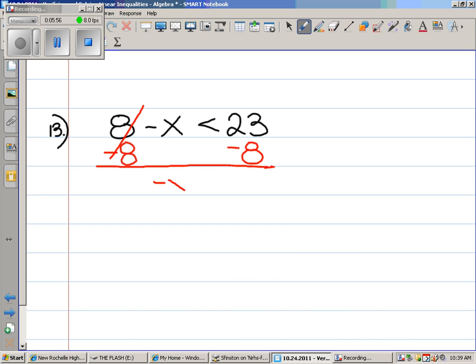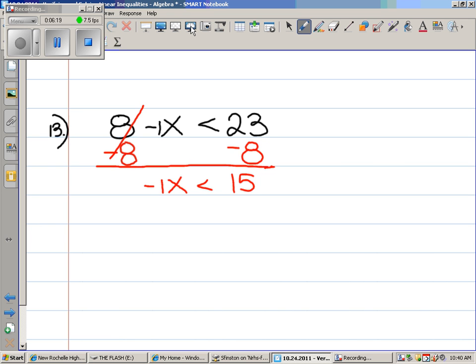So now we got negative x is less than 15. And that negative x is the same thing as negative 1x, because there's a 1 in front always. Now, there's a special rule with these, and this is the only real big thing different that we're going to do.